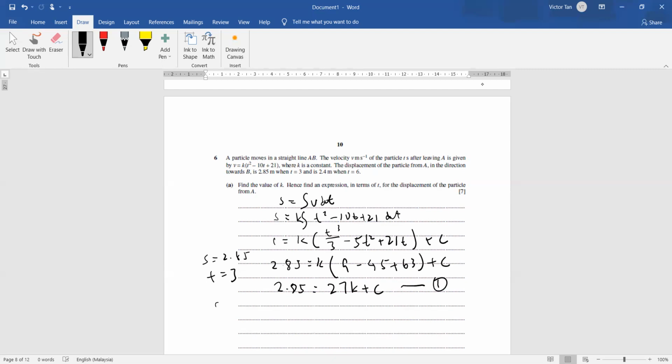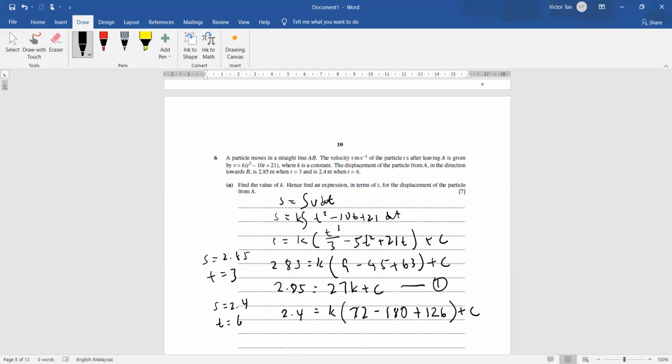Second is when S is 2.4, T equals 6. So 2.4 equals K times 6 cubed, 216 over 3, which is 72, minus 5 times 6 squared, 6 squared is 36, so 180, plus 21 times 6, which is 126.